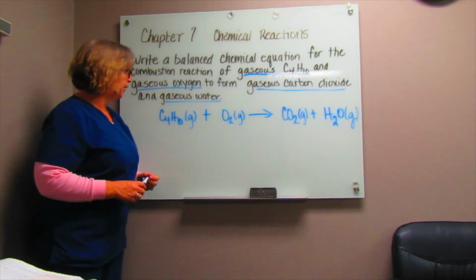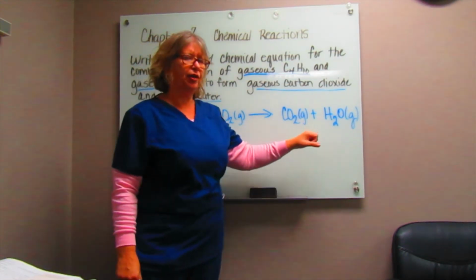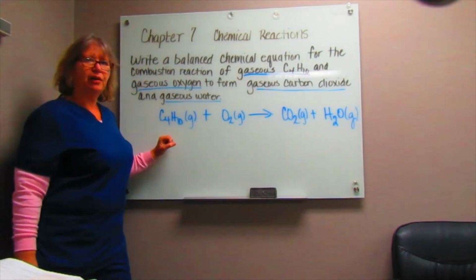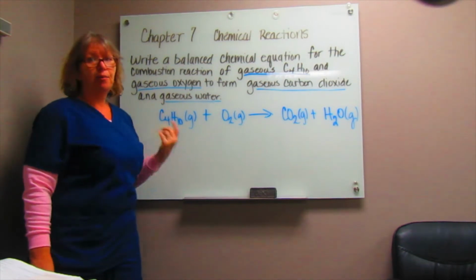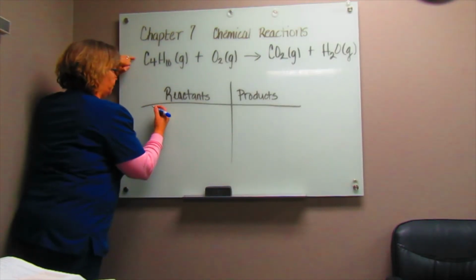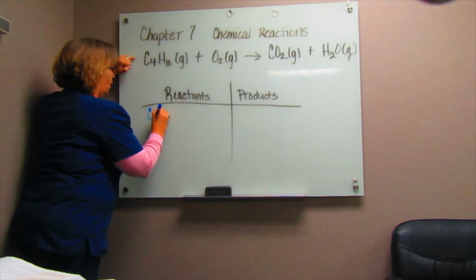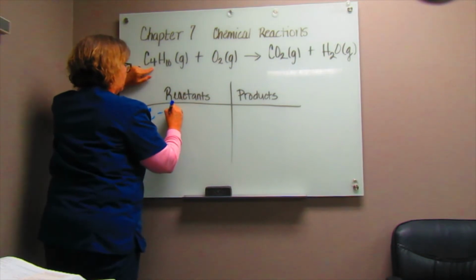This is just the information that we gathered from the written example here. So what we need to do now is identify all the parts of the equation and inventory the number of molecules that we have for each of the parts, and then balance it from there. Looking at our reactant side, we have carbon, and we have 4 molecules of carbon.